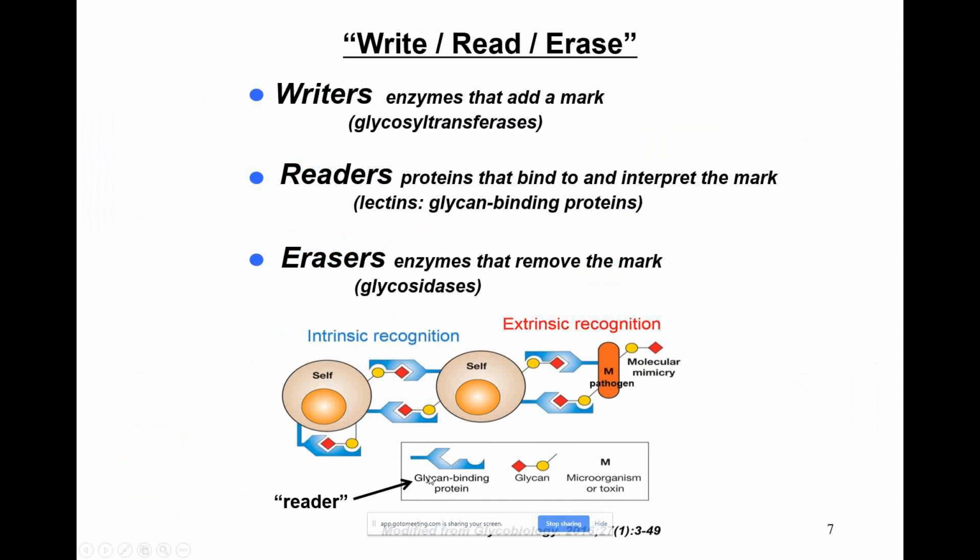You've seen this diagram earlier that Dr. Desai had shown you about these glycans, and then we have these glycan binding proteins, these readers, or these lectins. That's what's going to interpret the mark. And then we also have erasers, those that remove the mark. In this case, these are glycosidases. So that's a nice analogy for what we're talking about, and I'll come back to this terminology as we go through this targeting process.